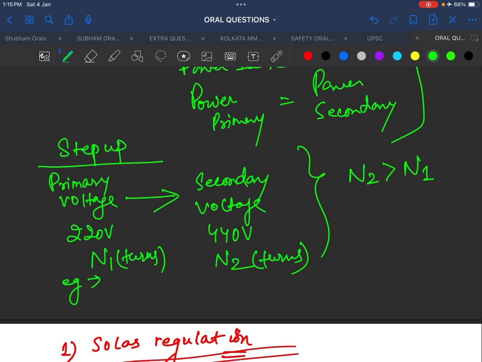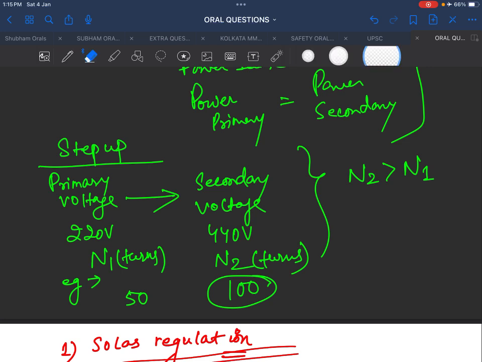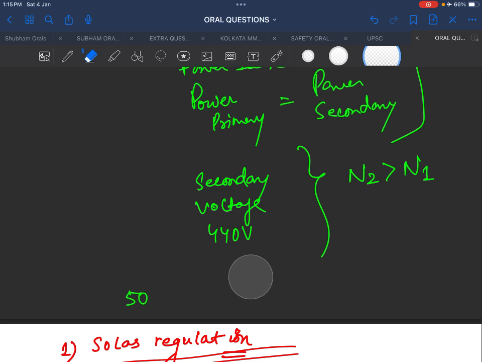Let's suppose you make 100 turns or 50 turns, just as an example, because the number of turns should be greater on the secondary side. So you can step up this voltage. You can also calculate this with the help of a formula, how many turns are needed for making the voltage 440 in step up, step down voltage.